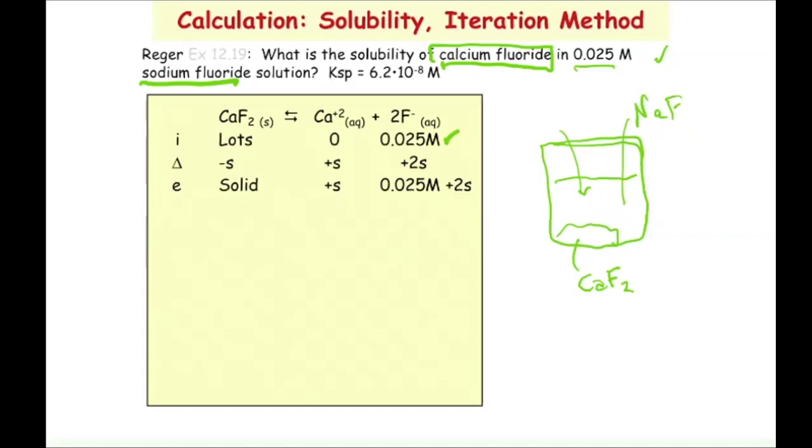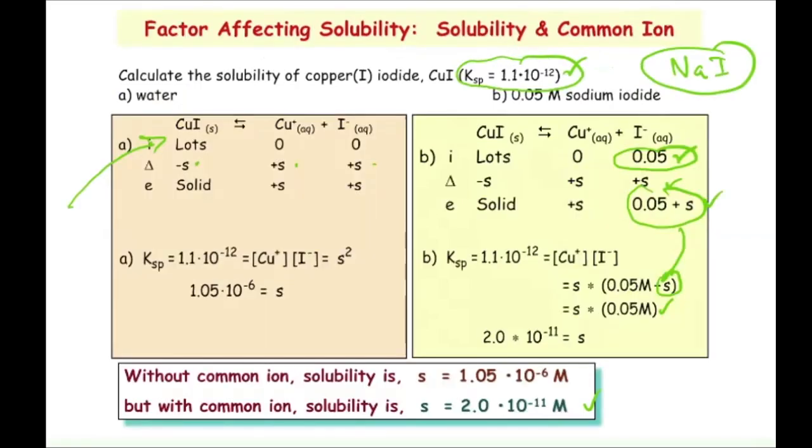So there's a question here. Because a common ion in the last equation happens to be a reactant, let me go back to that real quick. Okay. Let's see the question.